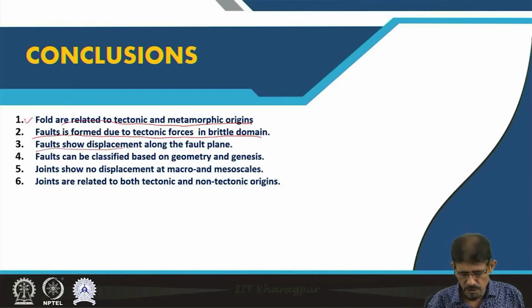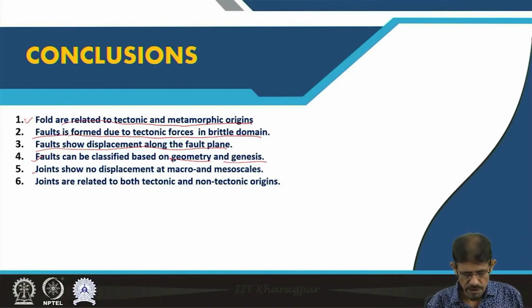The fault shows displacement along the fault planes. If it is a downward movement, then it is a normal fault. If opposite to this, then it is recognized as a reverse fault. If along the strike, left and right, it is recognized as a strike-slip fault. And faults can be classified on the basis of geometry and genesis into different categories.